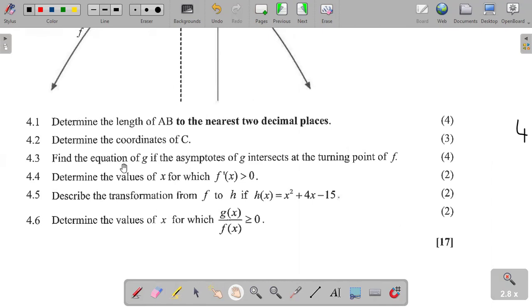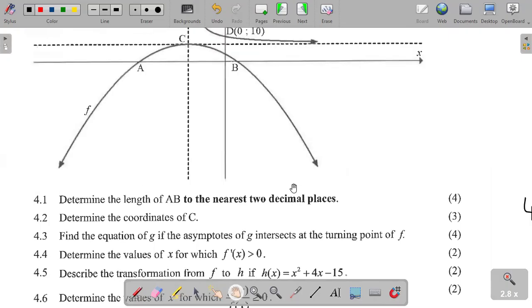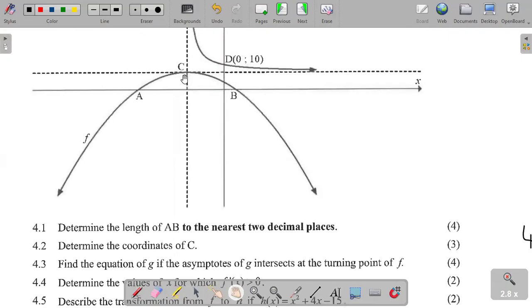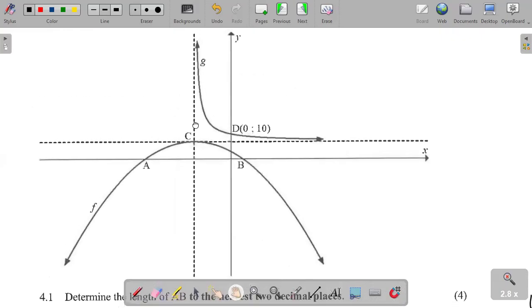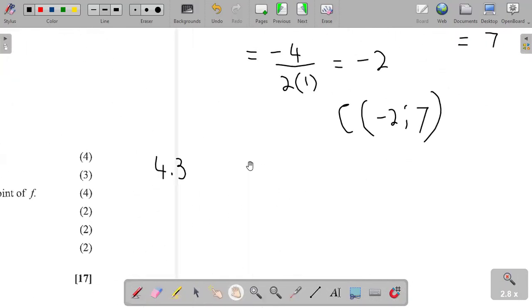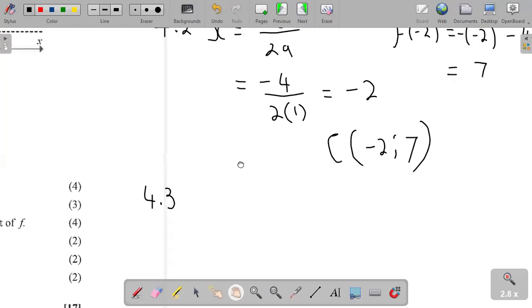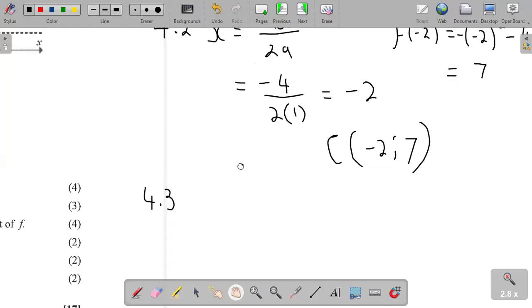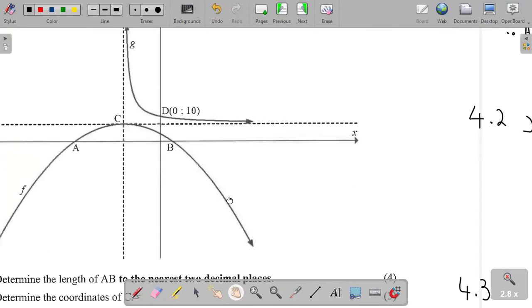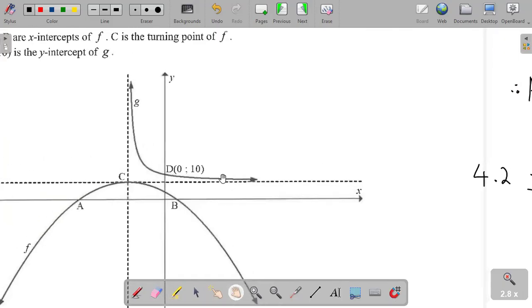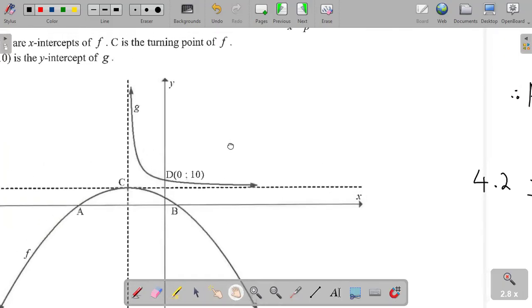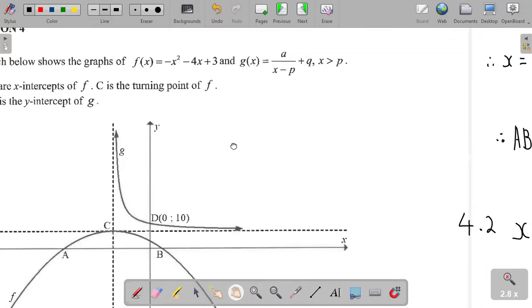So the asymptotes of g intersect at the turning point of f. Okay, so they intersect here. So that will give us, because the values there are negative 2 and 7, it will give us p and q, isn't it?